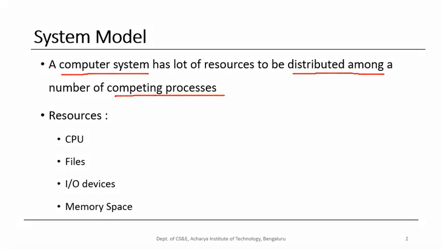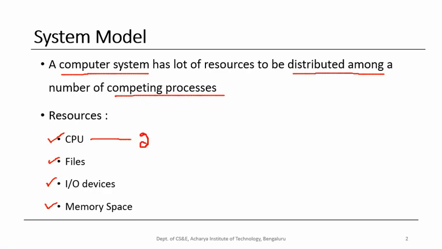These resources are CPU, there could be one or multiple CPUs, files, IO devices like printer, hard disk, DVD drive, memory space, etc.